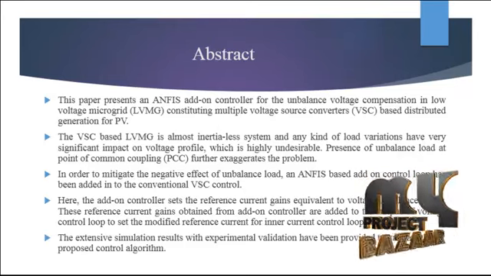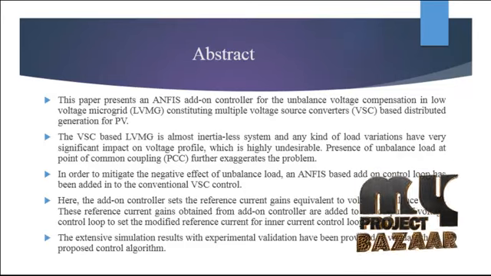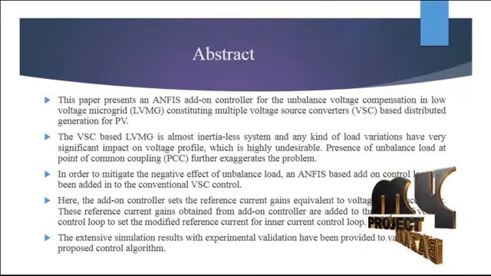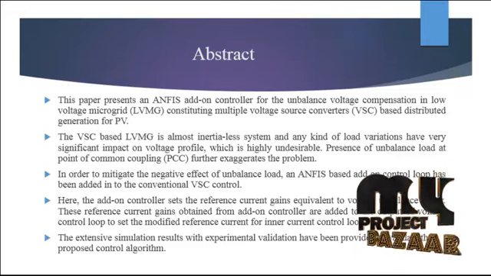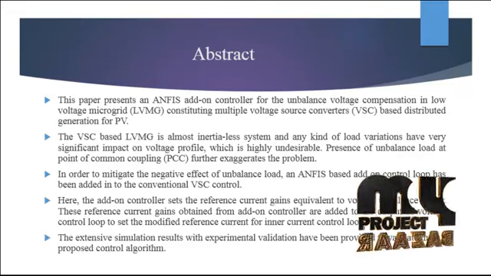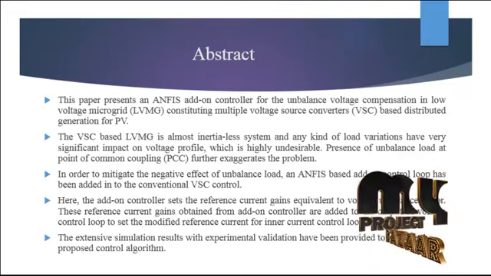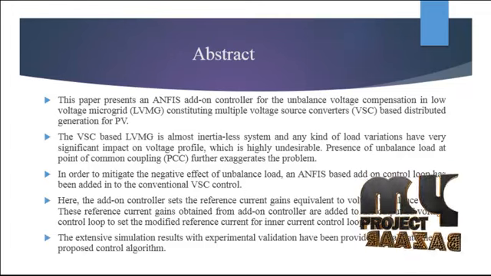The negative reference voltage is given to the input of our voltage source converter. In the experimental analysis, the adaptive neuro-fuzzy inference system controls the voltage source converter, which controls the solar panel's DC to AC conversion and delivers power to the load.